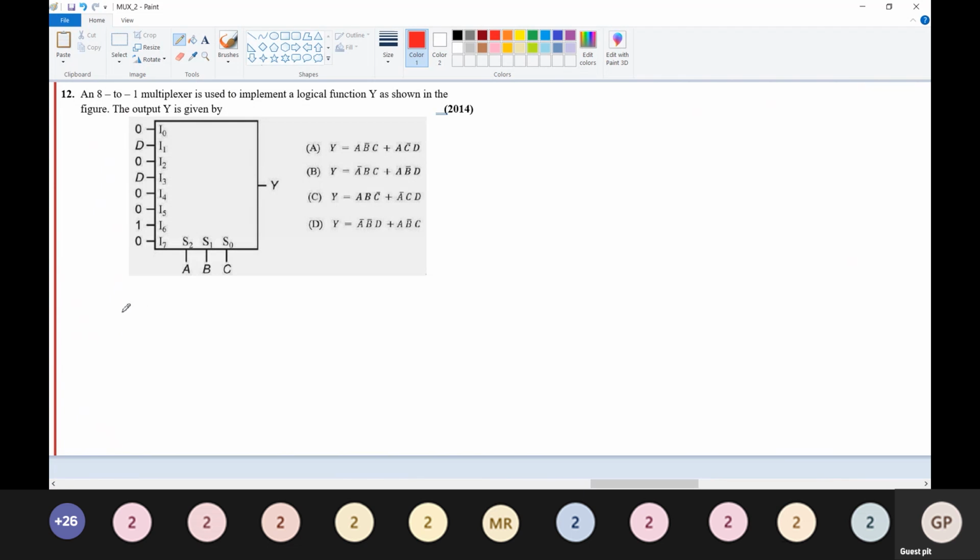For the 8:1 multiplexer, the expression can be written as Y is equal to A dash B dash C dash, that is 0, 0, 0, into I naught, plus A dash B dash C into I1. This is the general expression.